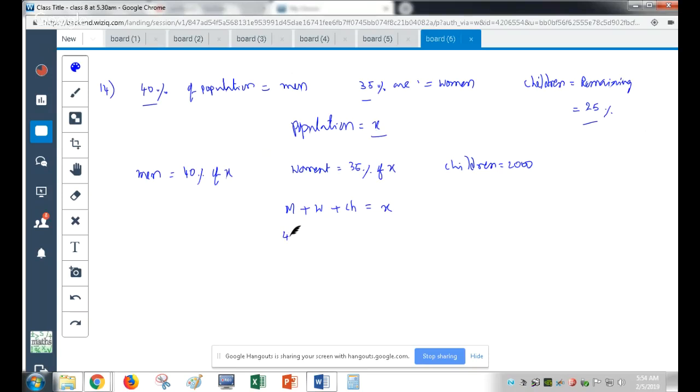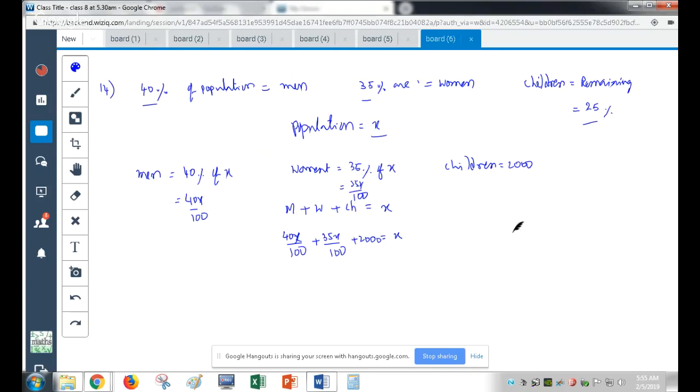So then 40% of X. Okay, that means 40x by 100. I can write like this, 40x by 100. And this is 35x by 100. And this is, leave it like that. So 40x by 100 plus 35x by 100 plus 2000 is equal to x.